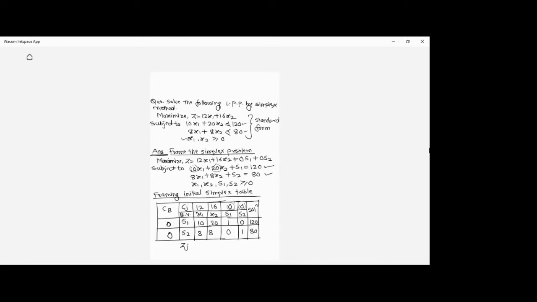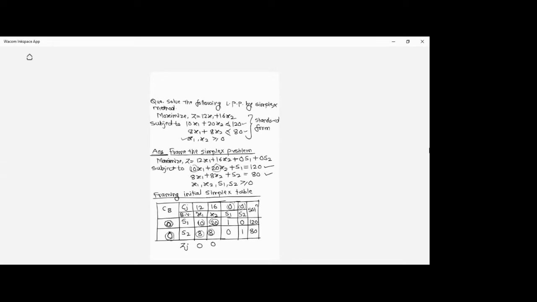For the first column, it is 0 into 10 plus 0 into 8, which is equal to 0. Similarly, the next value will be 0 into 20 plus 0 into 8, so again it will be equal to 0.